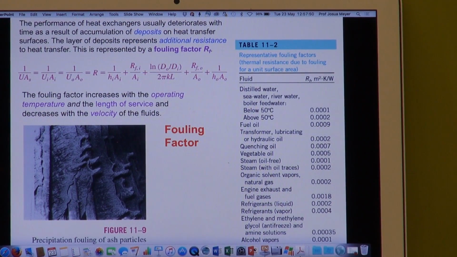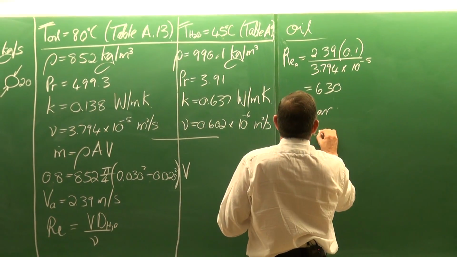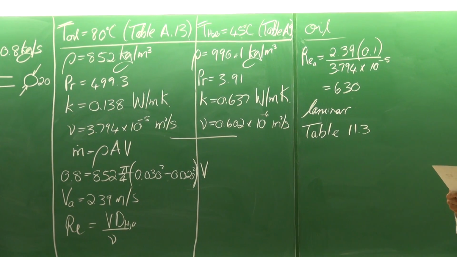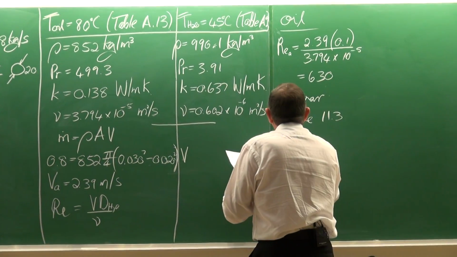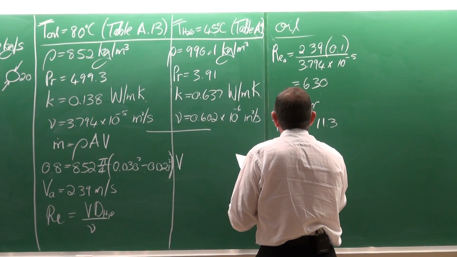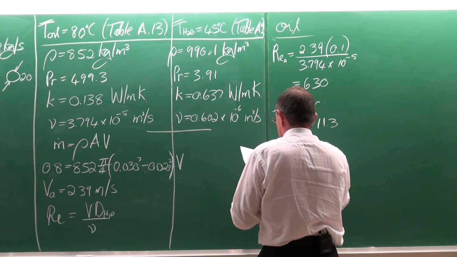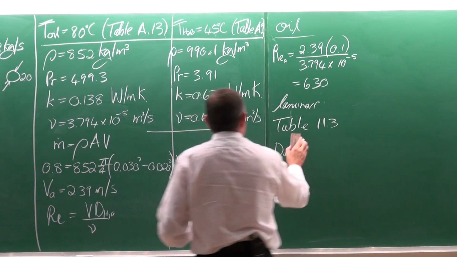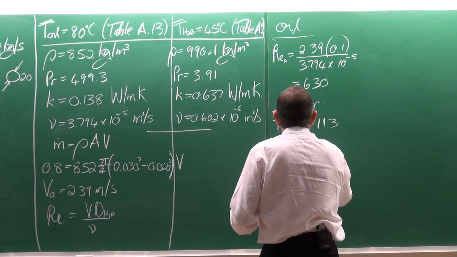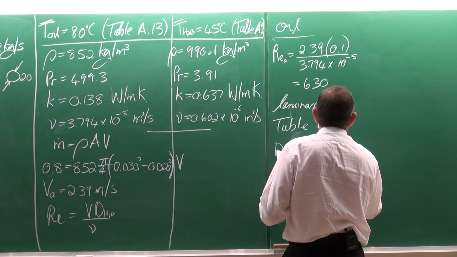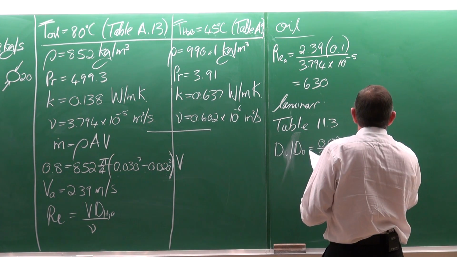Unfortunately, I don't have it here, but if you go and look in table 11.3 in your textbook, there is a table from Kays and Perkins in which they say that if you've got the inside diameter divided by the outside diameter, which is equal to 0.02 divided by 0.03, which is equal to 0.667.